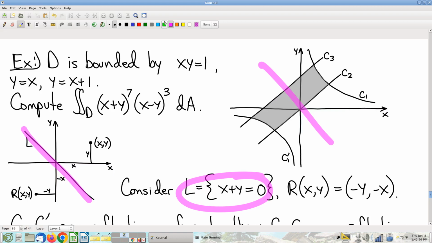Now, what's the formula for the reflection? Here's a trick for how to, in this case, identify what happens when you reflect the point (x, y). When you reflect like that, notice that this little rectangular frame that I have in green there will reflect like that.